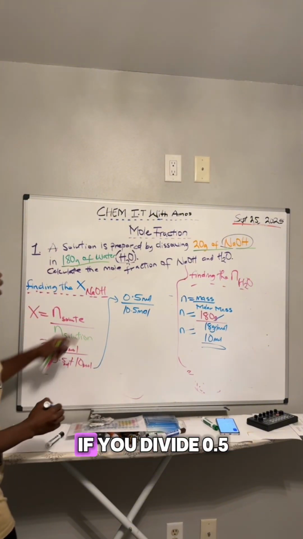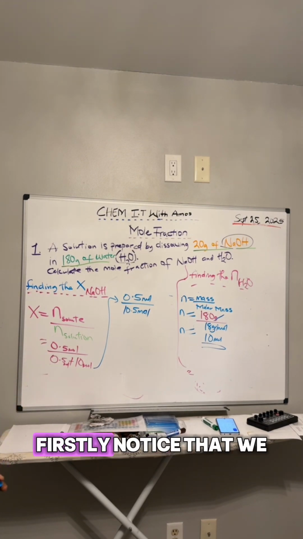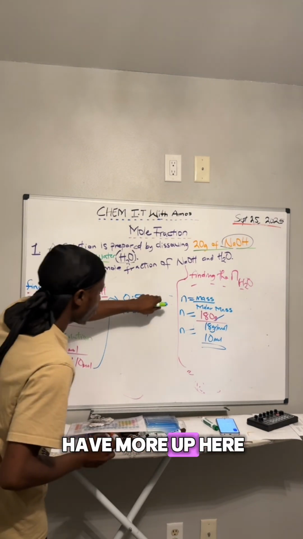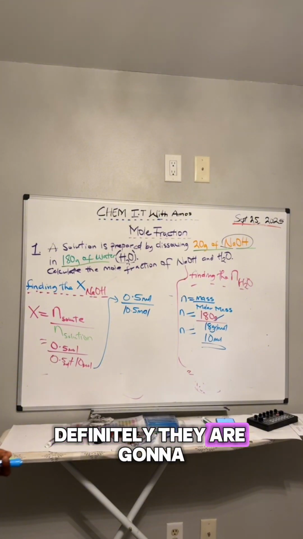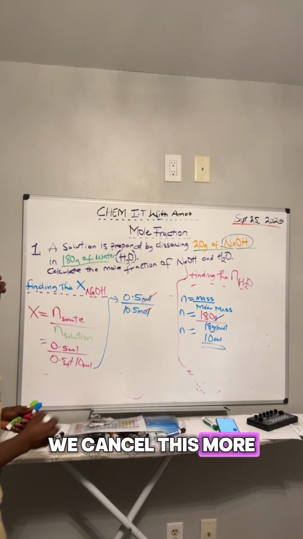So if you divide 0.5 by 10.5, the first thing you notice is that we have mole up here and mole down here. Definitely they are going to cancel. So this mole will cancel this mole.